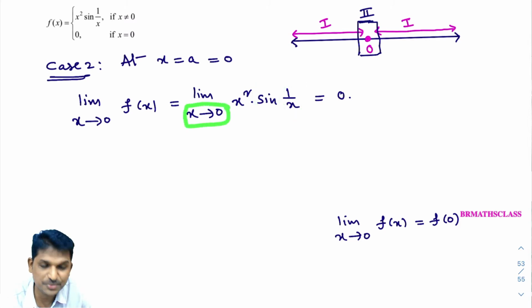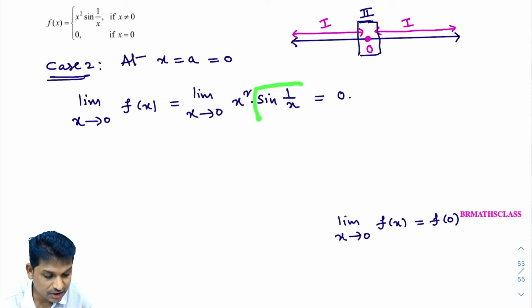x approaches 0 means x values are slightly less than 0 or slightly greater than 0, but not 0. So, the point is x is not 0 but very near to 0. You know that the sine function range is the closed interval minus 1 comma 1.